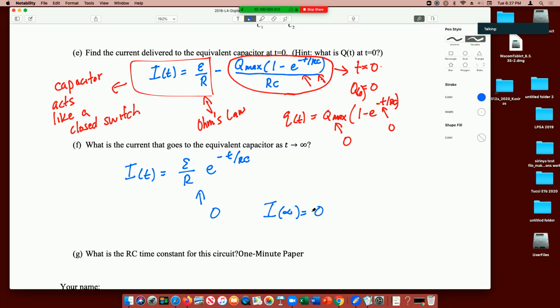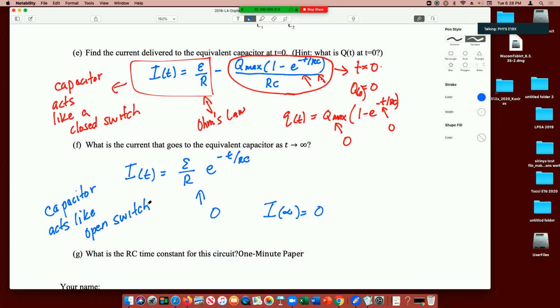The whole thing is an equipotential, with no potential difference between any two parts of the circuit, so no current can flow. So the capacitor acts like an open switch.